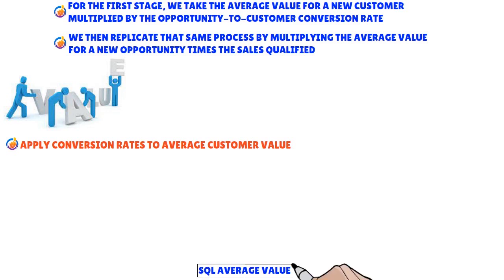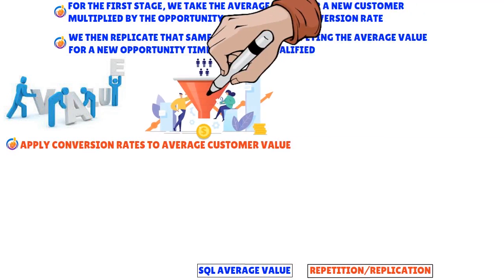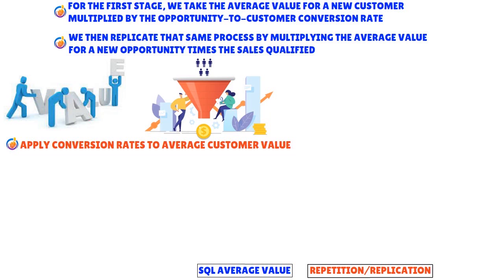From there, it's a process of repetition and replication, what I call the re. We do this all the way back up the sales funnel until we get an average value for, let's say, a lead.